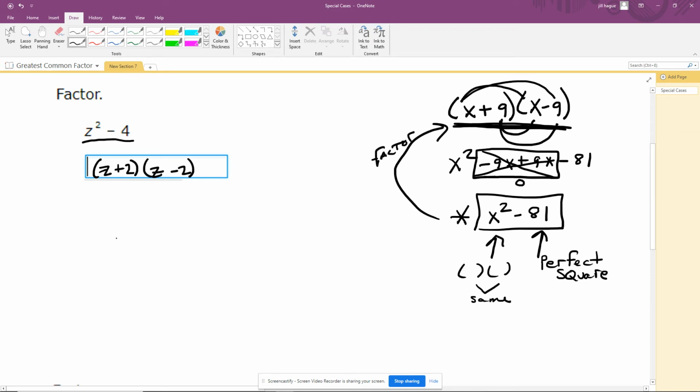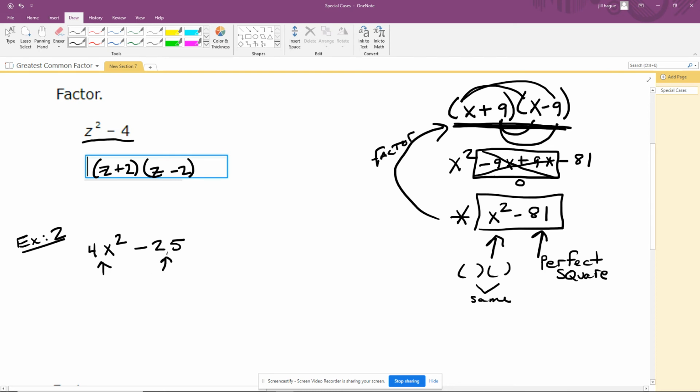Okay? So let's take a look at another one. Maybe this one's a little bit harder. Let's do 4x squared minus 25. We'll call this example 2. Now in example 2, we have to ask ourselves here, is this a perfect square, and is this a perfect square?